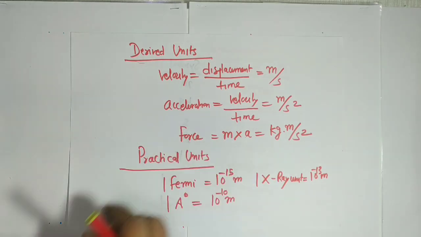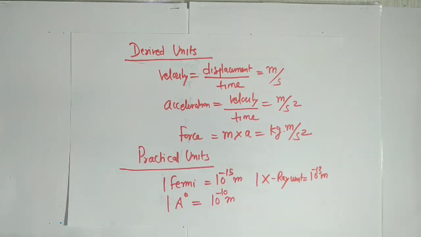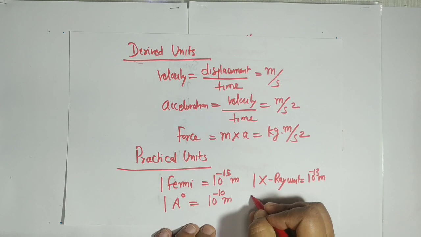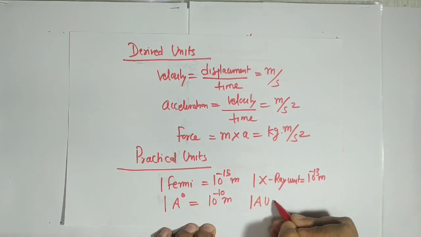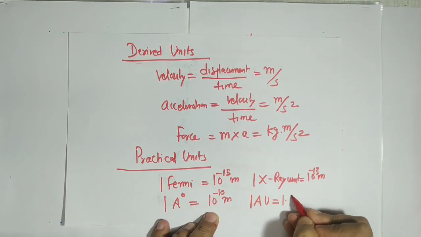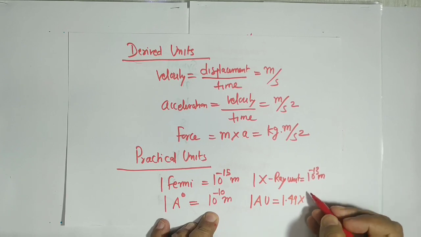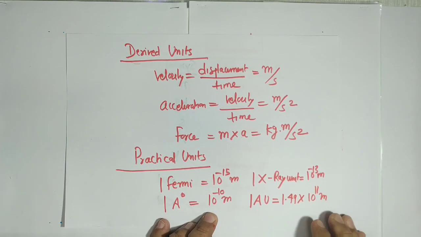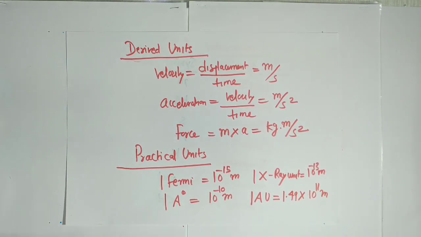So fundamental, derived, and then practical units. Then there is 1 astronomical unit, 1 AU, which you are going to use in gravitation also, in the measurement of length, 1.49 into 10 to the power 11 meter. So this is 1 astronomical unit. These are the practical units.